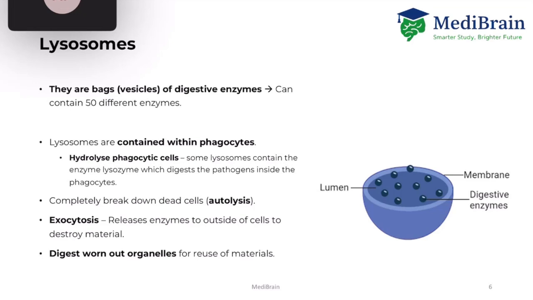within the body. It can completely break down cells, called autolysis. Auto means automatically, lysis means breakdown. Exocytosis: it can release enzymes to outside of cells to destroy materials.